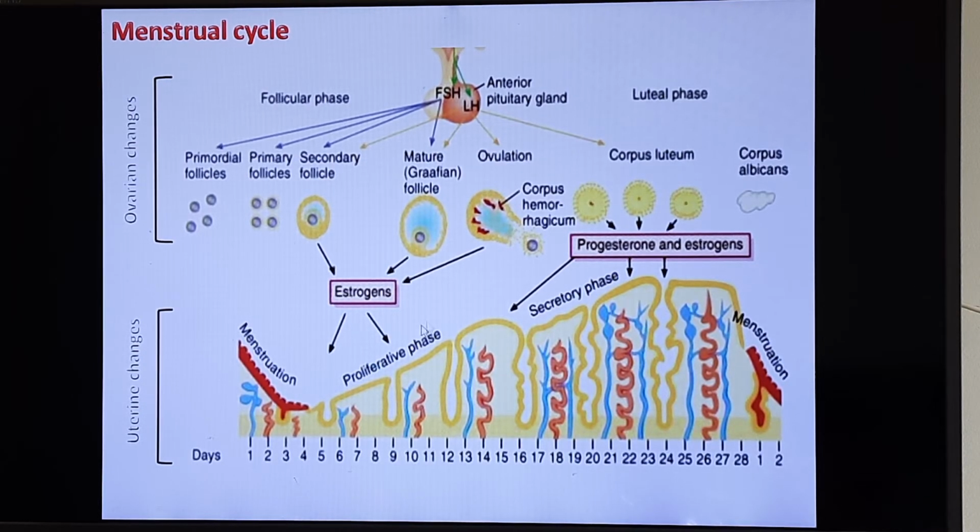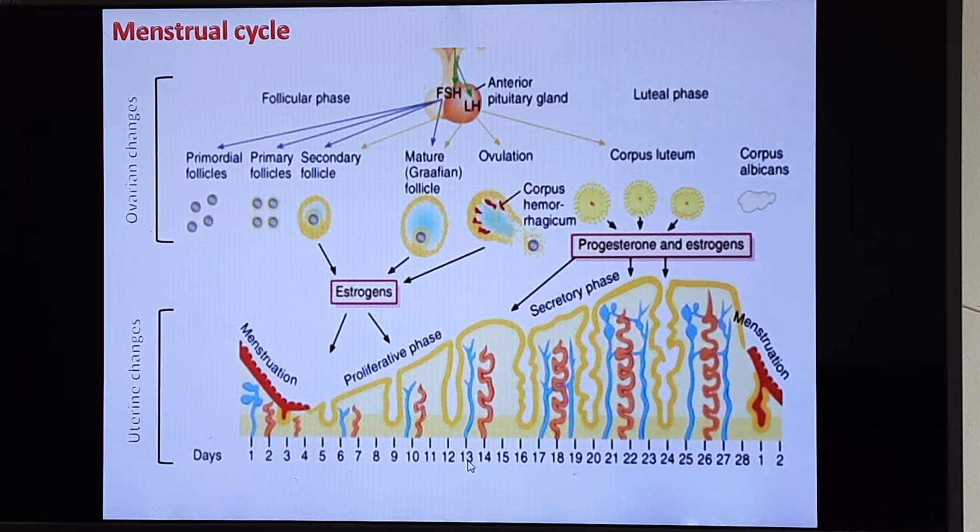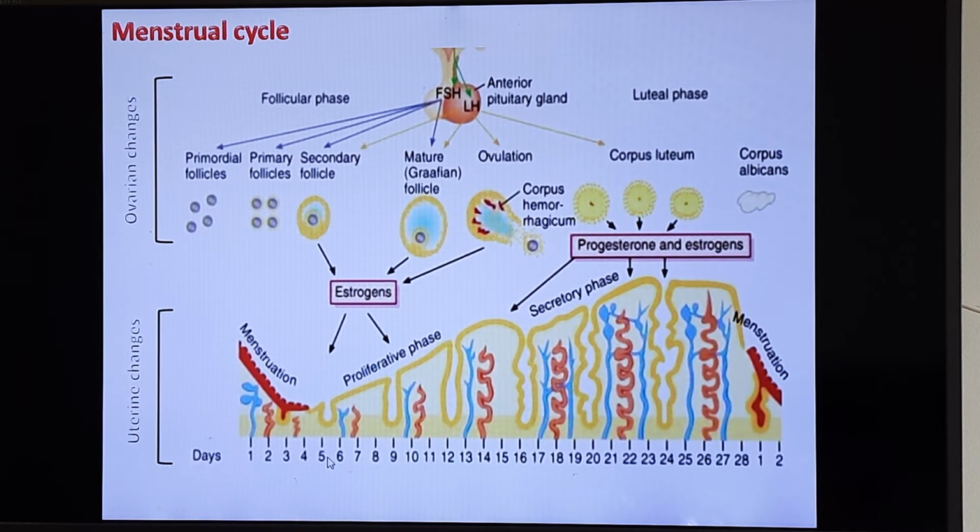This is the constructive phase, and it starts from the 5th day and ends on the 13th day of the menstrual cycle. This phase is called the proliferative phase.